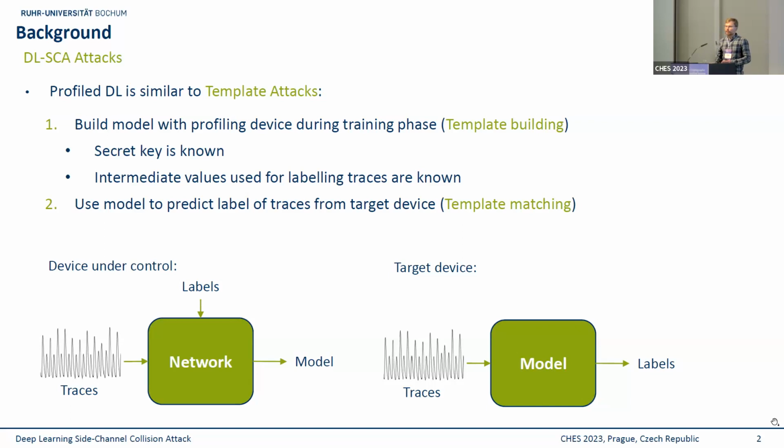For this, the attacker requires full access to the target device, the profiling device, where the secret key and other secret values are known. So he can then use these values to calculate the intermediate value for the labeling. This step would be similar to the template building phase. Then in the next step, the attacker uses this model to predict the label from traces of the target device and uses this prediction to calculate the secret key. This step would be similar to the template matching phase.